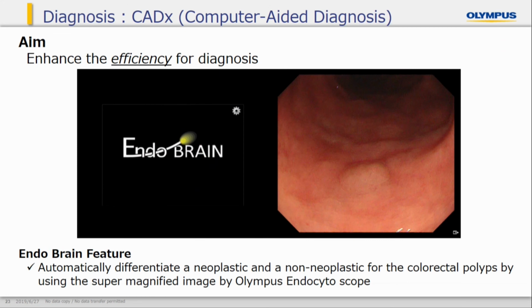The next is CADx, Computer-Aided Diagnosis. Many doctors have already introduced this function. One of the key products is EndoBrain, which has been launched in the Japan market since April this year.